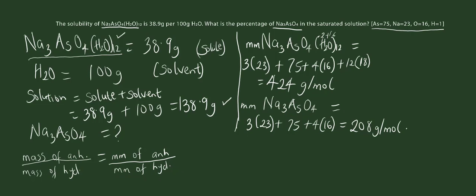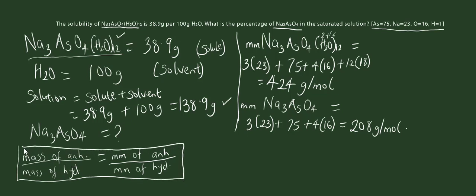Formulas are going to make your life very easy, especially if you are preparing for examination. So I recommend that you know this formula. It's very easy to know, right? Mass of anhydrous over mass of hydrated equals molar mass of anhydrous over molar mass of hydrated.